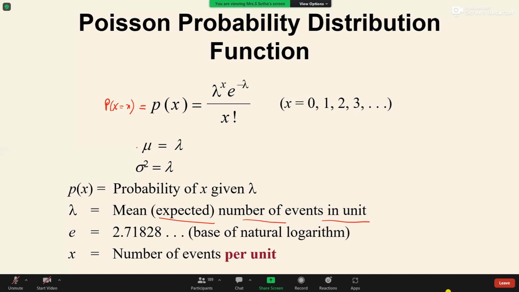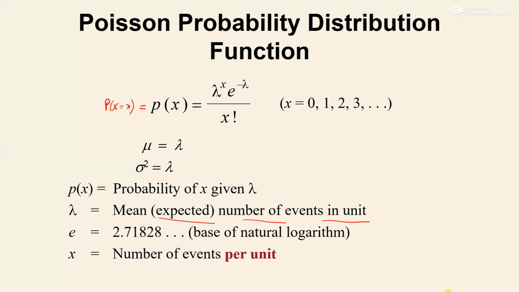Lambda is the average number of events per unit, and e is the exponential number, 2.718, and x is the number of events per unit. Like expected value, E(X) is equal to mu, that is equal to lambda, and the variance of X, sigma squared, is also lambda.